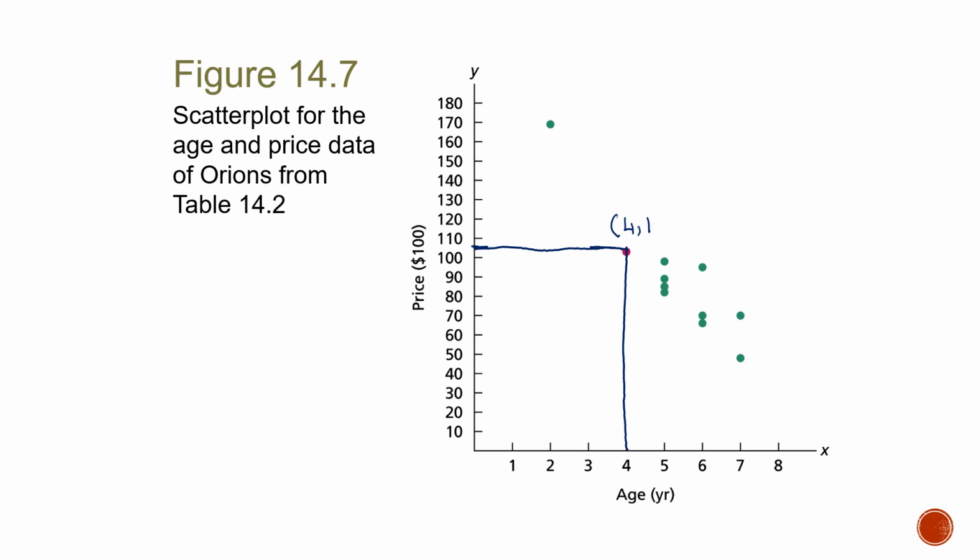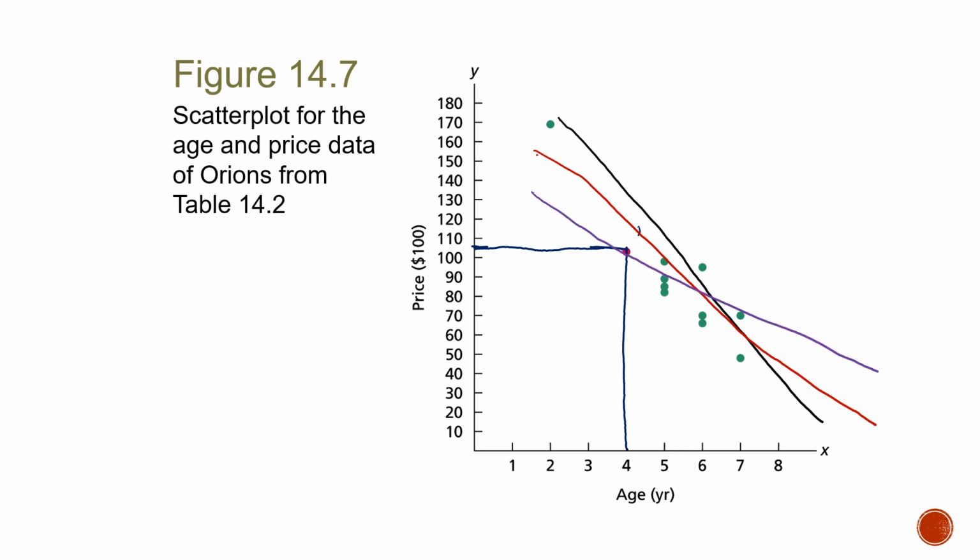So if I remove this, it seems possible that we can draw a line, something like this, or maybe a line which goes like this through many of the points. We can force different lines. Maybe another one which could go like this and cover most of the points.